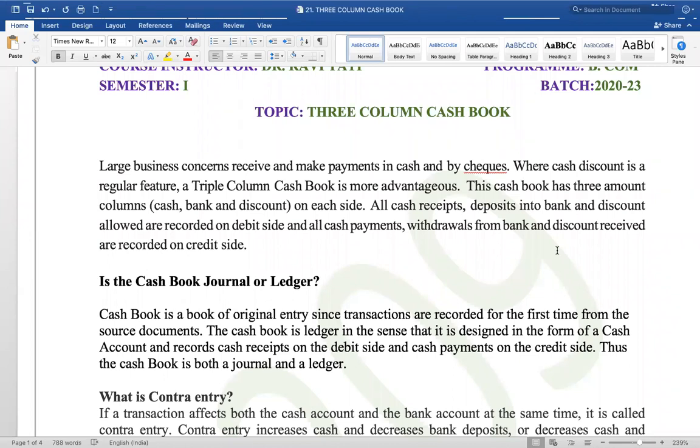And today we are going to talk about the three-column cash book, the triple column cash book. We have seen how a single column cash book looks, and the double column cash book, that is, the cash book with a discount column. Now we are going to see the cash book with discount column, cash column, and bank column.